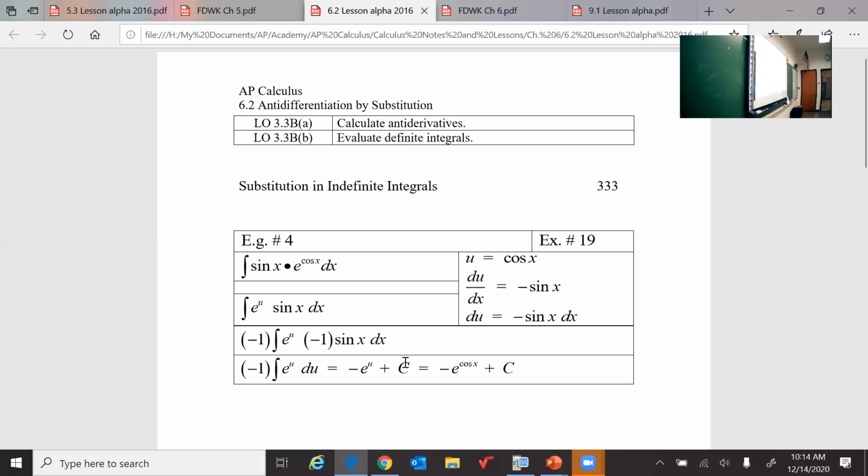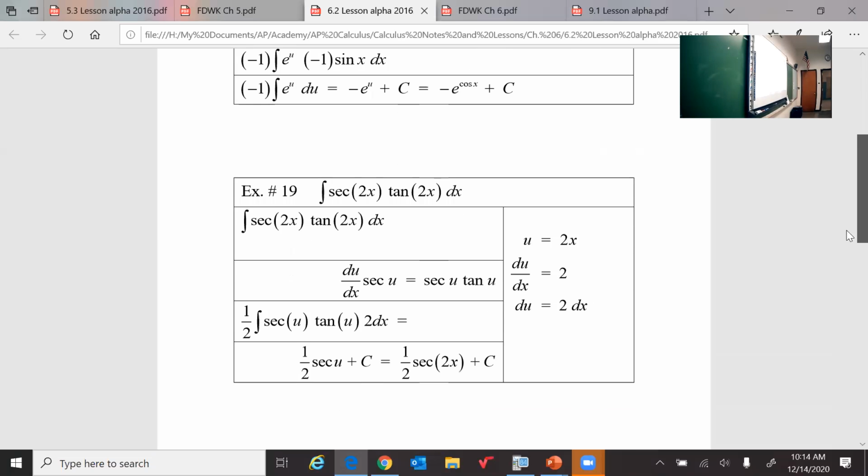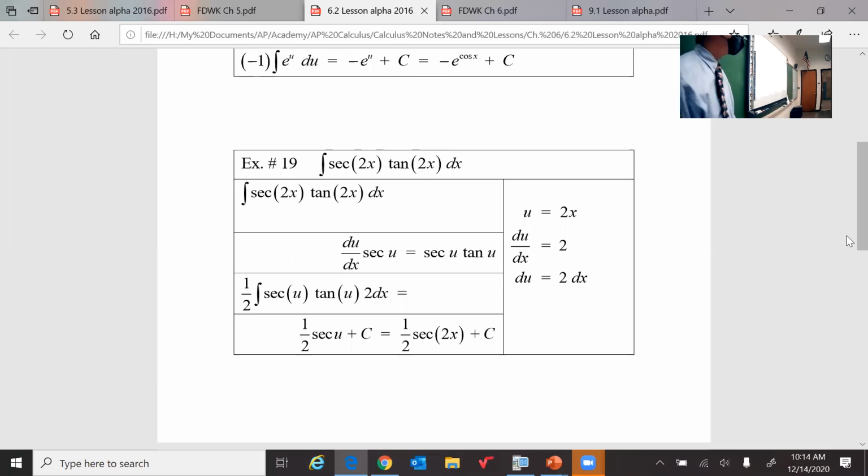So, go ahead. Here's 19. Ready? You got secant this and this. You got it? Well, mu is 2x. So the derivative of secant is secant tan.